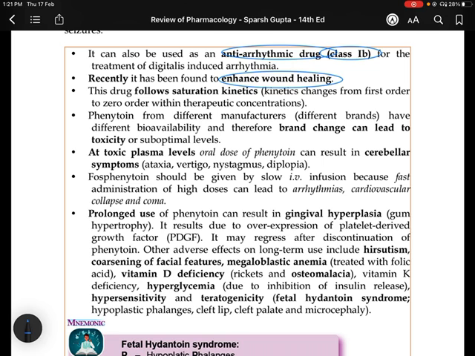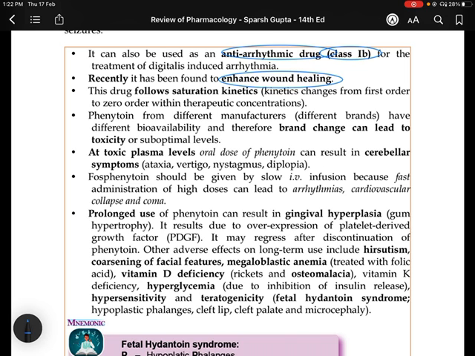Now phenytoin from different manufacturers, different brands, has different bioavailability, and therefore brand changes can lead to toxicity and suboptimal levels also. So we have to check; phenytoin is given weight-wise and age-wise, and we have to check all of this.